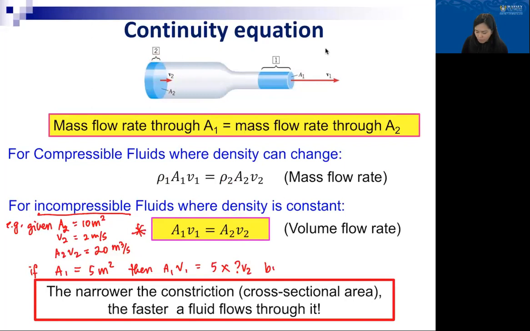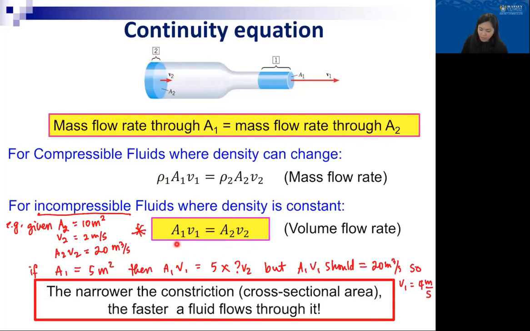Okay, right, but A1 V1 should be equal to 20 cubic meters per second. And so V1 should be equal to 4 meters per second in this case. Right. Because if you multiply 4 with 5, you get 20, which is the same as A2 V2.